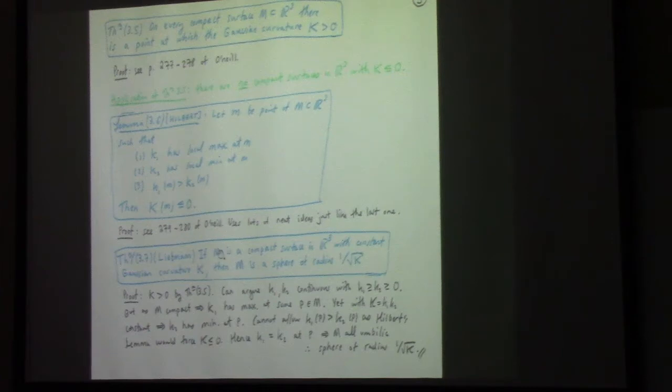Liebmann's theorem: if M is a compact surface in R3 with constant Gaussian curvature k, then M is a sphere of radius 1 over root k. So that's kind of the converse of the thing I had on the previous slide, I think.